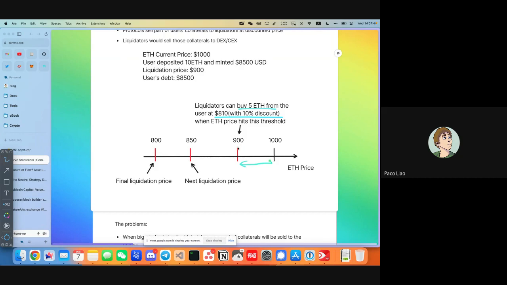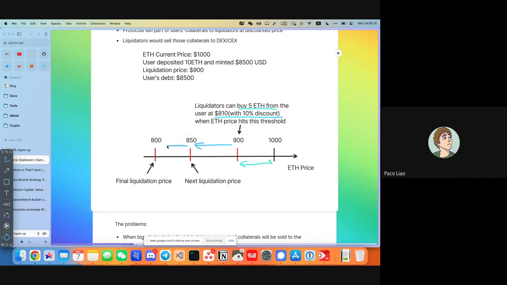After this liquidation, the user's health ratio may become higher, and the next liquidation price will be lower. Maybe the next liquidation price is 850. If the price continues to go down, there will be another liquidation, and maybe liquidators will liquidate another 50% of the collateral.